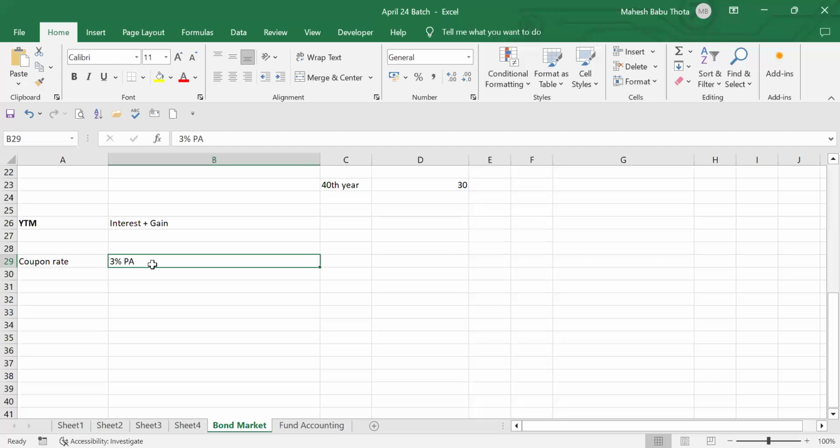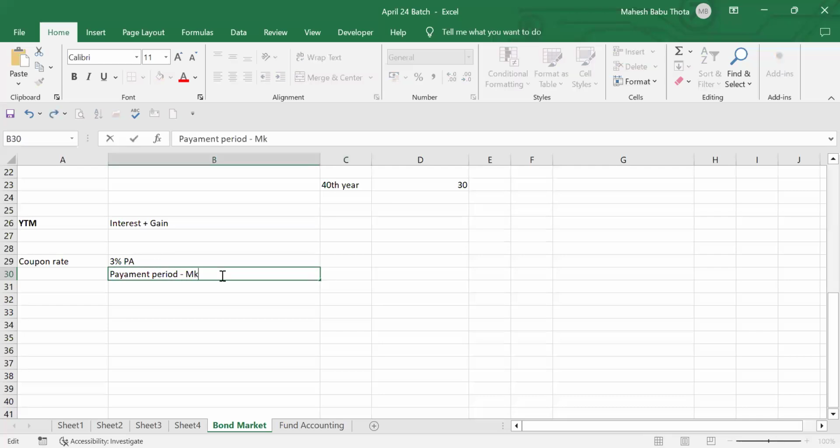The interest payment can be semi-annual, quarterly, monthly, or even yearly. There will be a payment period, or we can say payment frequency. So the payment period can be monthly, quarterly, semi-annually or annually.